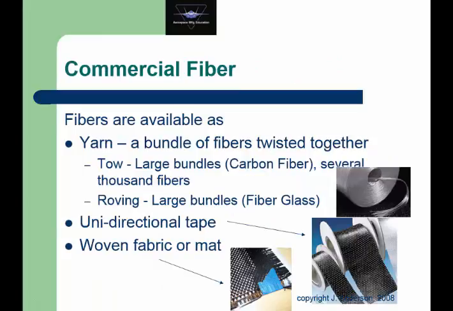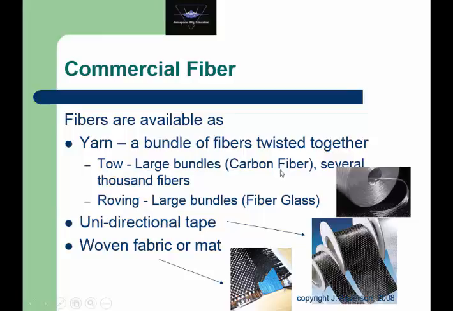So what do commercial fibers actually look like? Again, we're going to use some of the terminology that came from the textile industry. If we take a roll of fibers and we take a bunch of individual fibers and we twist them together, we call that a yarn. And so this is multiple fibers twisted together.